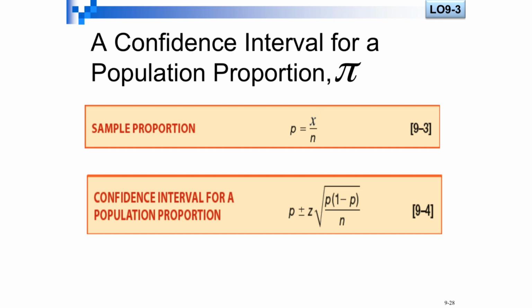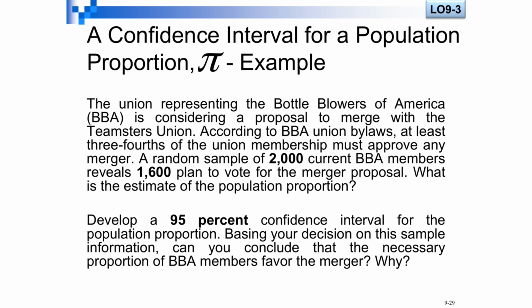So of course for confidence interval for population proportion, we have to calculate the sample proportion, that is P, and after that we have a formula to calculate the confidence interval for population proportion. Look at the example. The union representing the Bottle Blowers of America is considering a proposal to merge with the Teamsters Union.